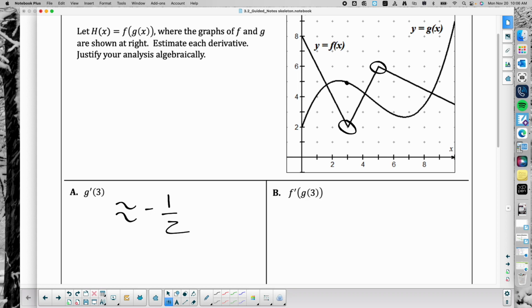I felt like we were gonna be doing chain rule, but this is already set up to have you just find an answer. So, let's find the answer from both sides of 3, because G of 3 has no slope. Oh. Never mind. In my head, G was the one with the points. G of 3 does have the slope, we just found it.